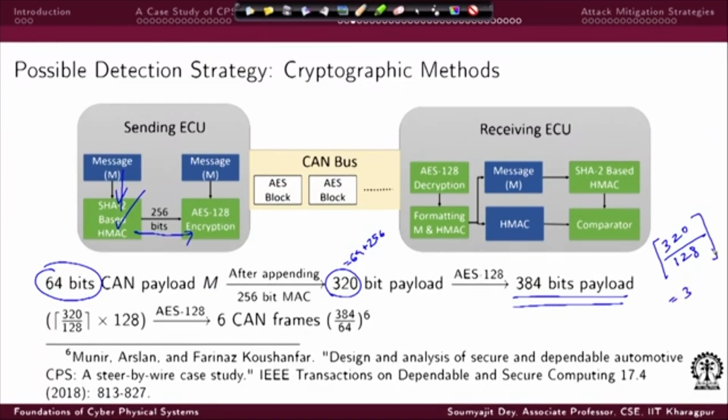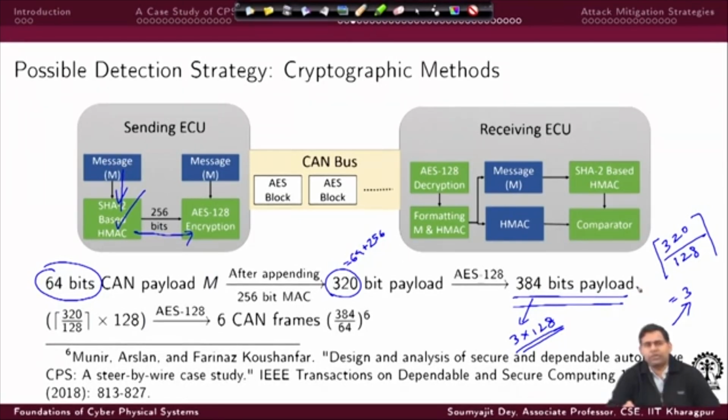Of course, the last block will be a bit smaller, right. So, you have got these 3 blocks, and each of the blocks has a size of 128. That is why it is 3 times 128. So, this is the total number of bits contained in these 3 packets.